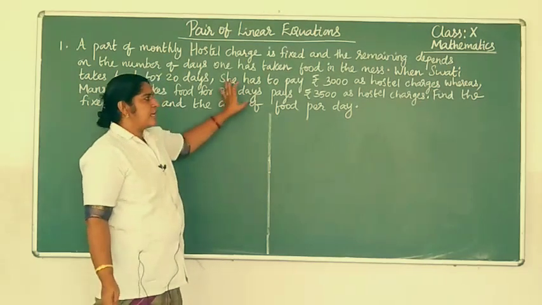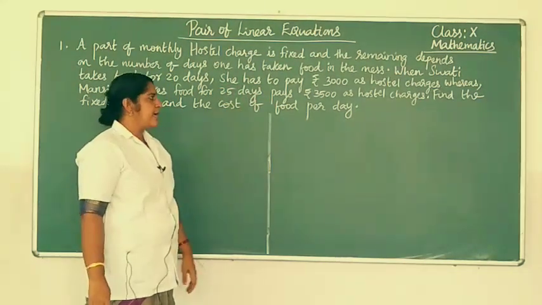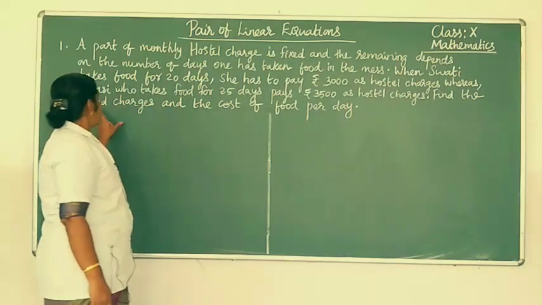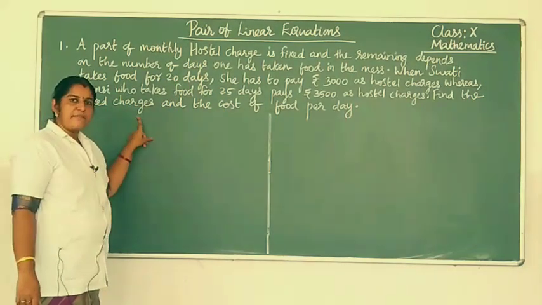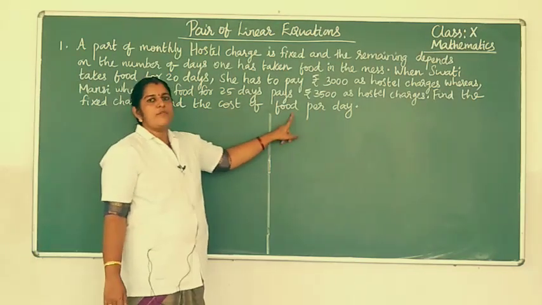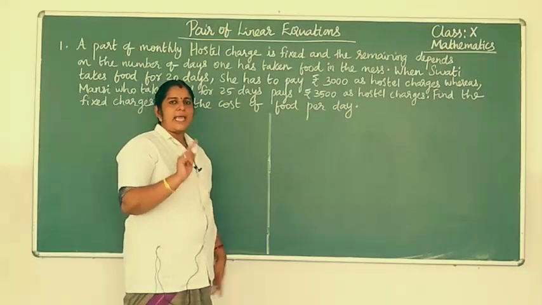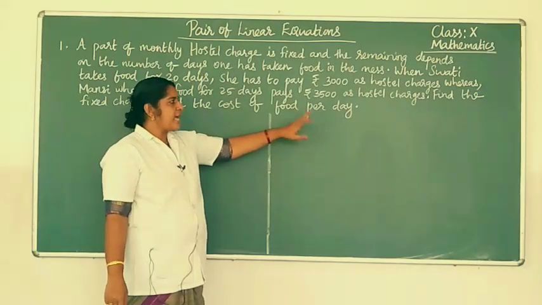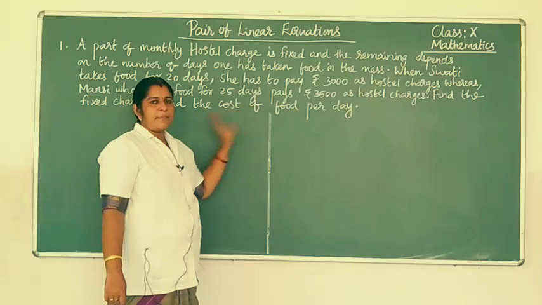So likewise the charge is fixed here. We need to find the fixed charge of the hostel and the cost of food per day, that is, for one day, what is the charge of the food. We need to find these separately.